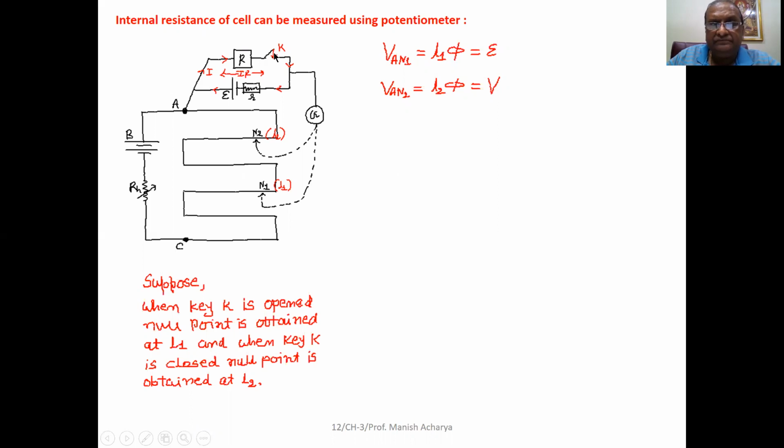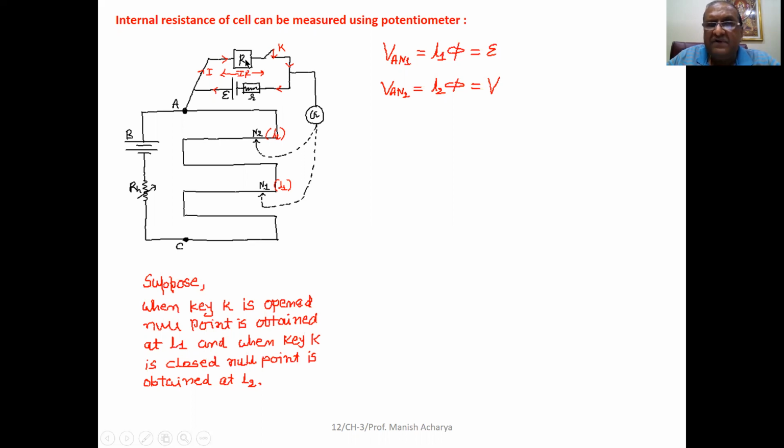Then after, press this key. Means we can say now the key is closed. So this resistance R is now connected parallel to this cell. So see here, a loop is formed. So in this particular loop, suppose the current I is established.